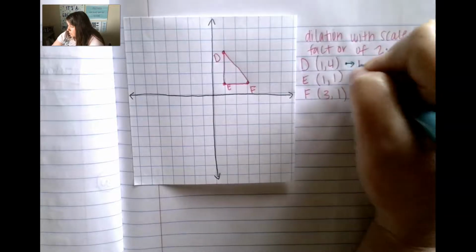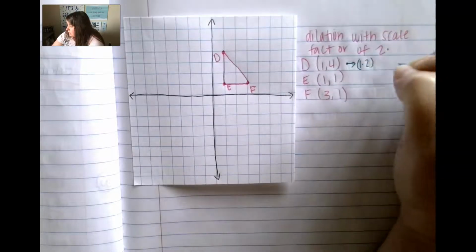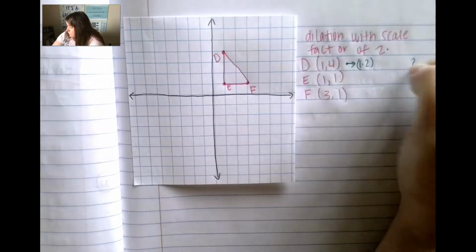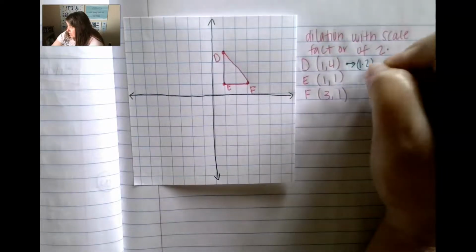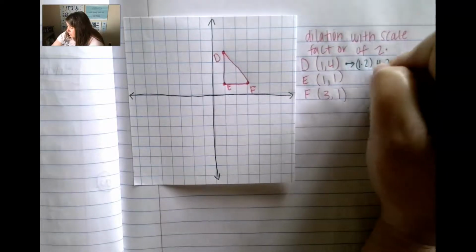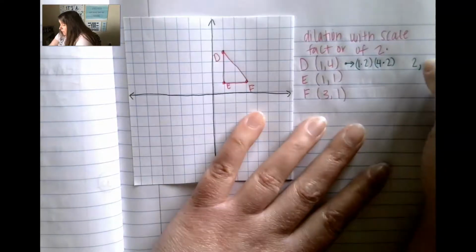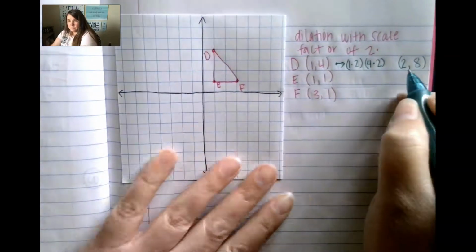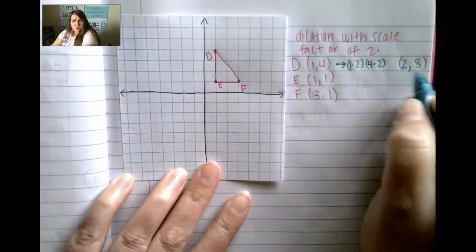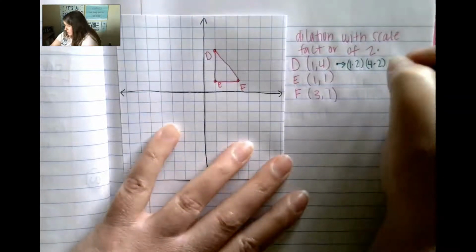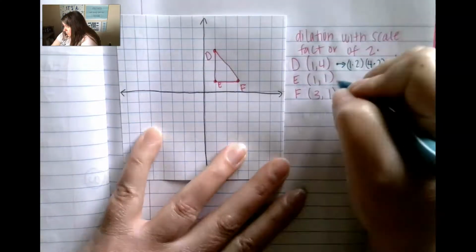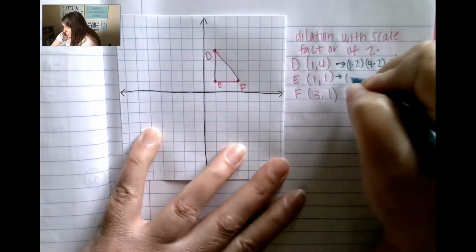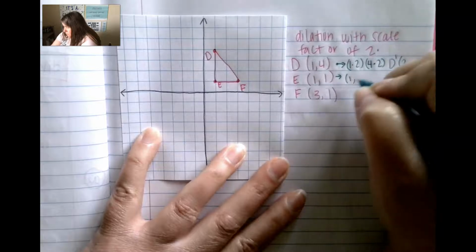So 1 times 2 is going to give me a new x value of 2. And 4 times 2 is going to give me 8. So I have 2, 8 as my new D point. This one I'm going to multiply by 2 because it tells me to.